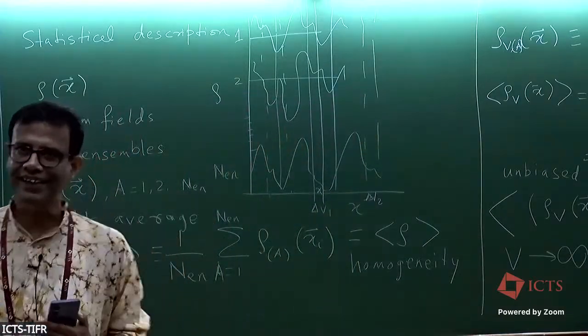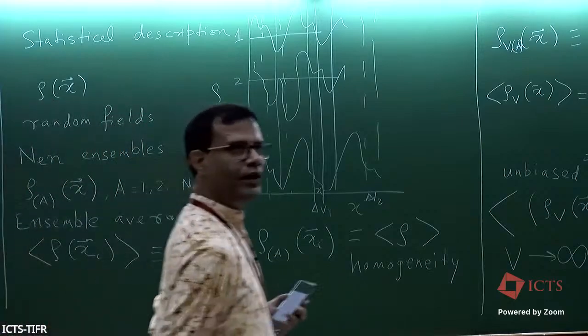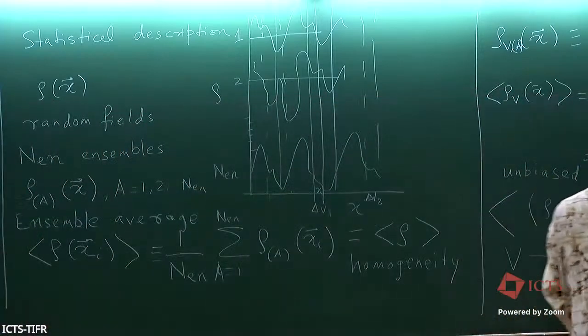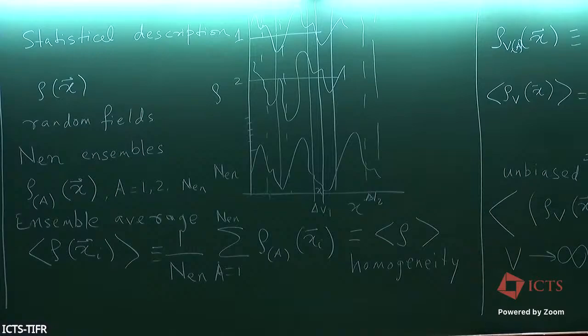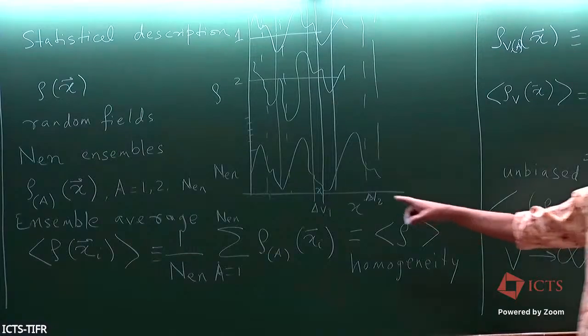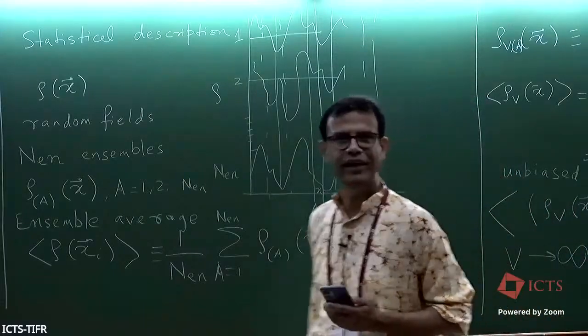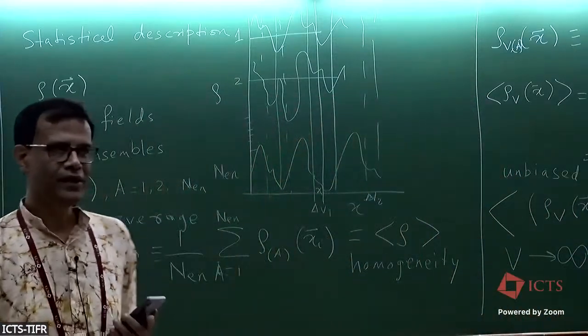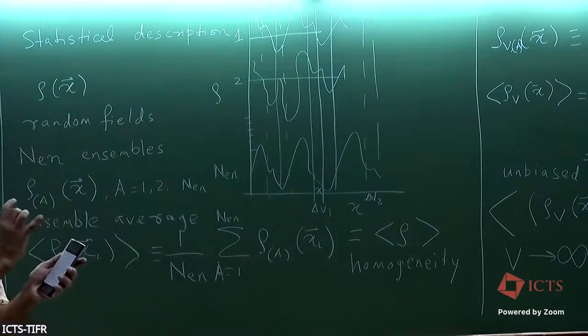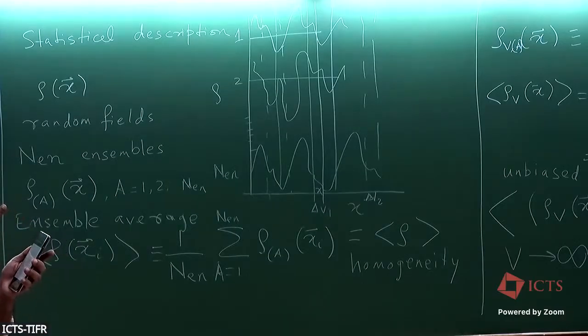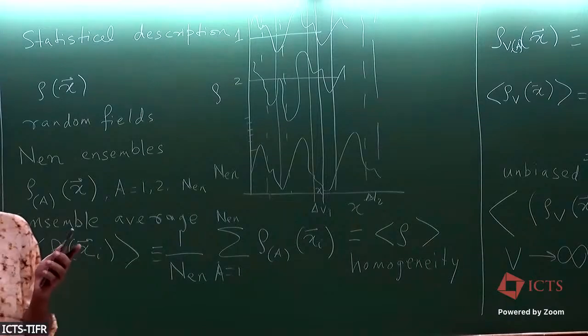And I ask the question, what is the probability of finding a point in delta V1 and finding another point in delta V2? It is not sufficient to just find one point in delta V1. You have to find a point in delta V1 and a point in delta V2.